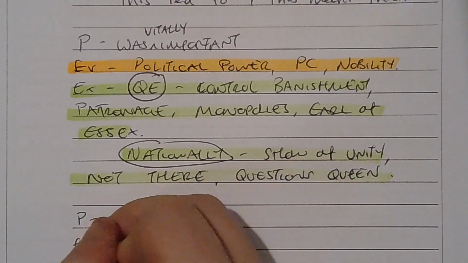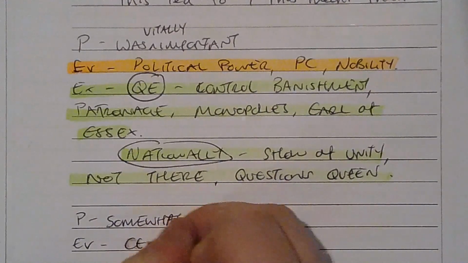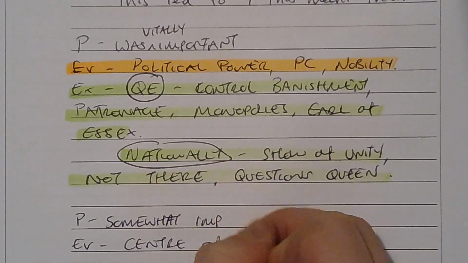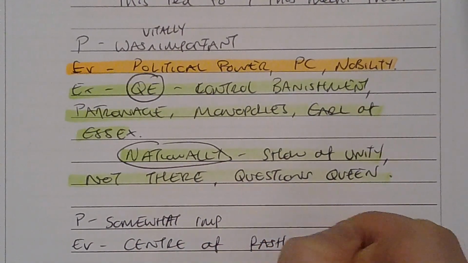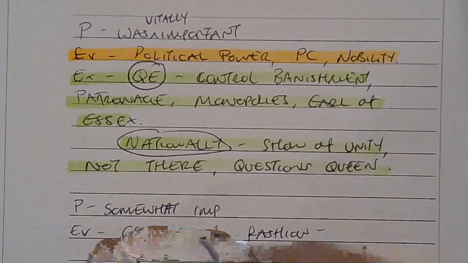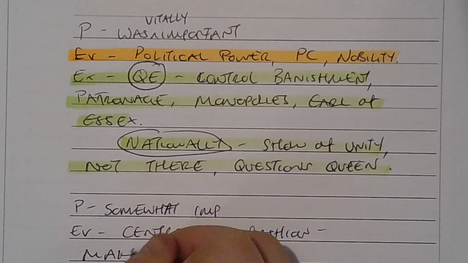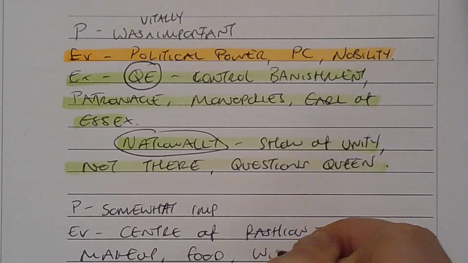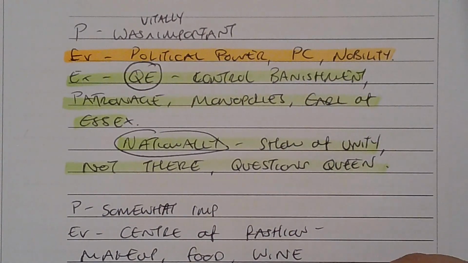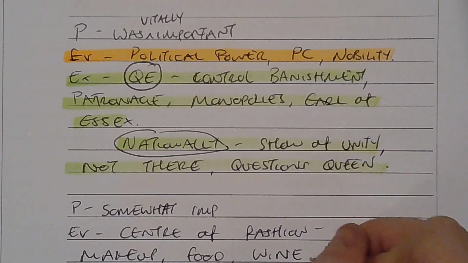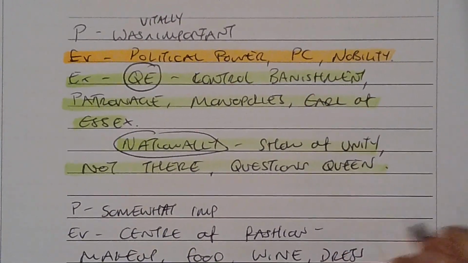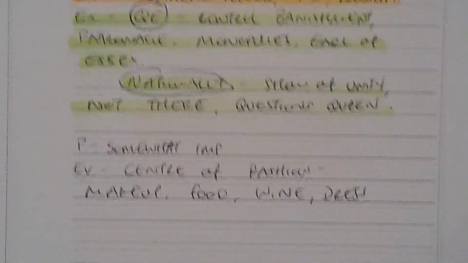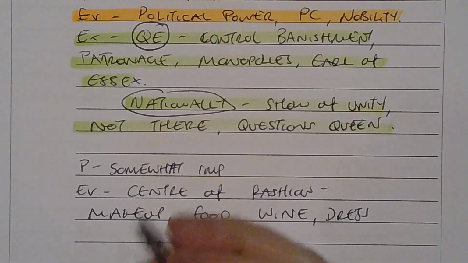Okay, my evidence there would be it was the centre of fashion. And I would use examples of fashion from Elizabethan court. So I might use makeup. I might use the food, the wine, the dress, so the coloured dye. So again, using a good strong level of evidence, that spend evidence.